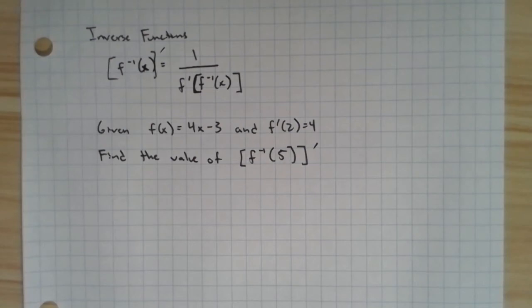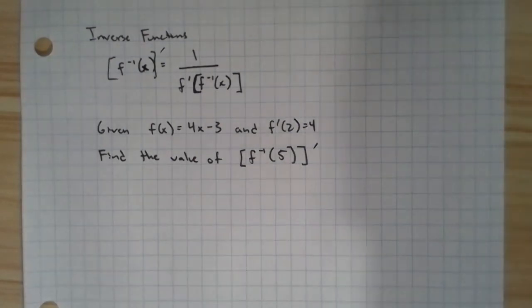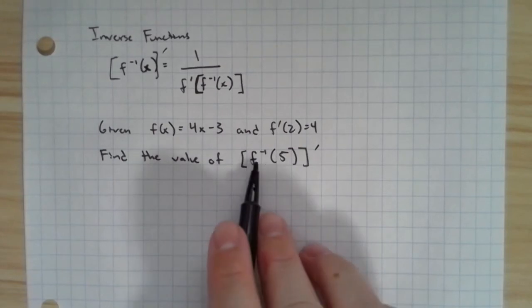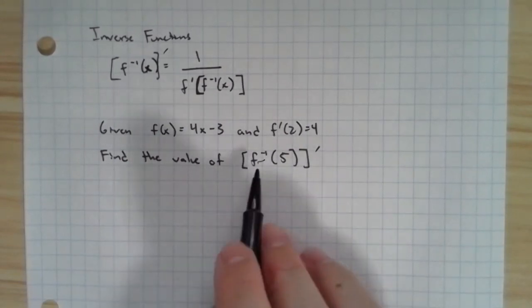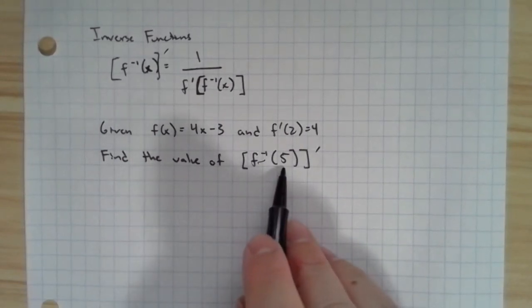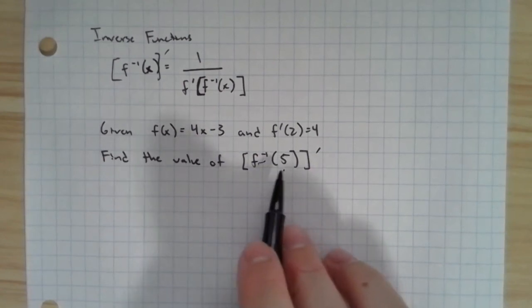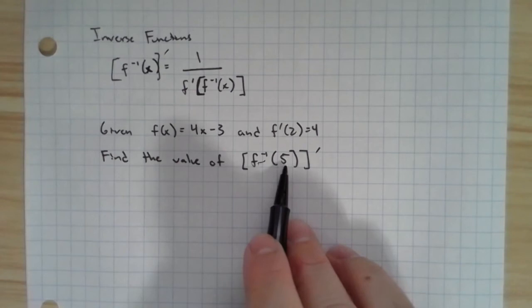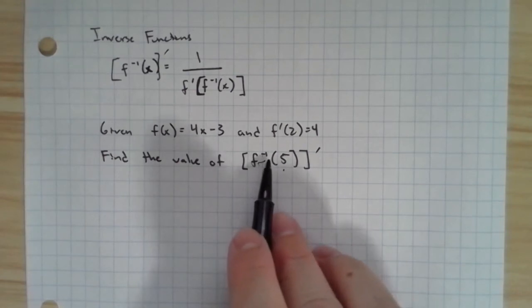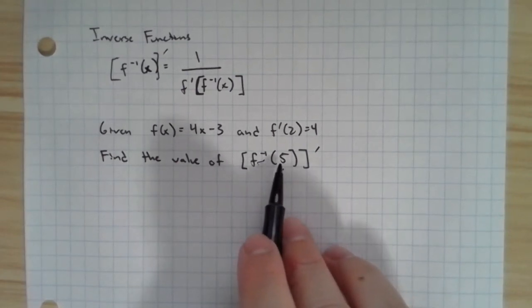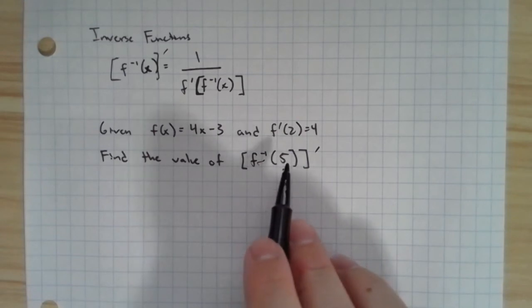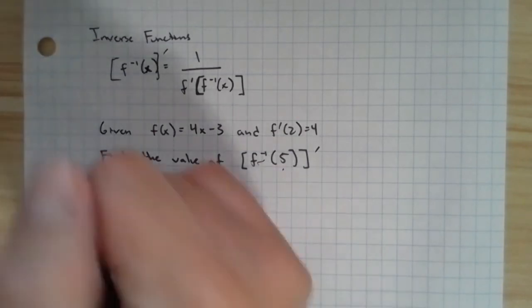So f inverse of 5 is not telling you that the x value is 5. 5 is the y value for f of x.